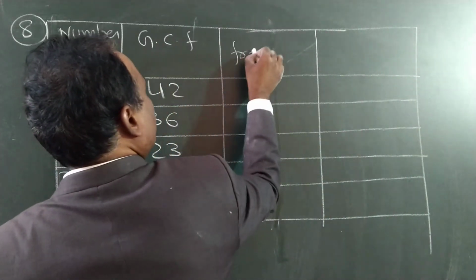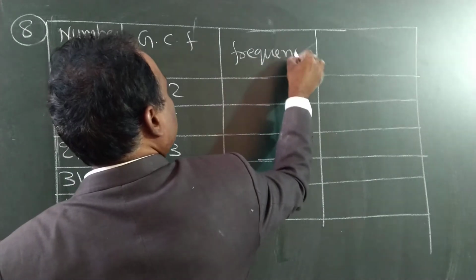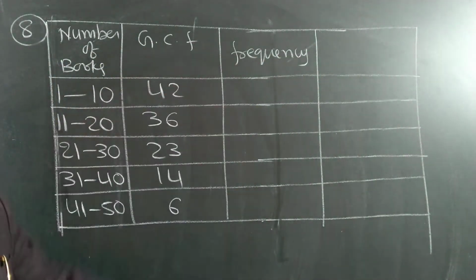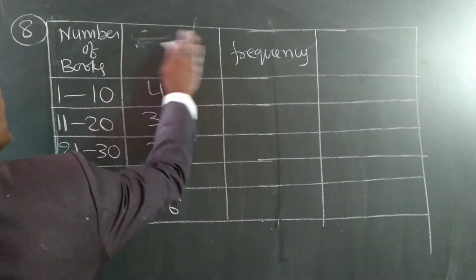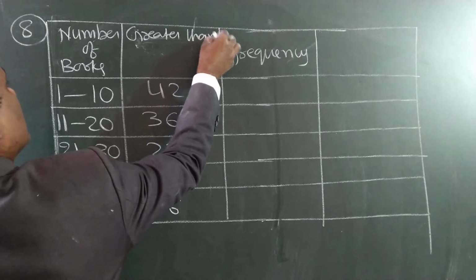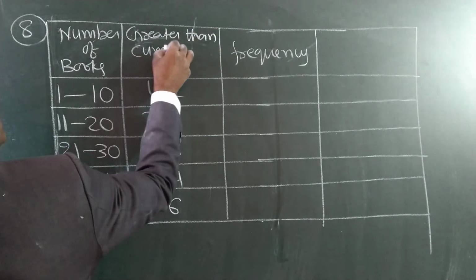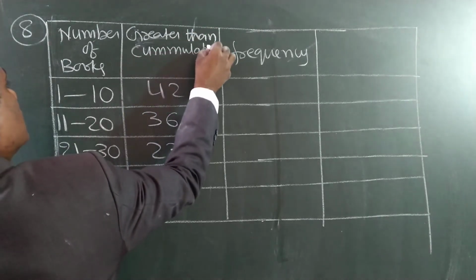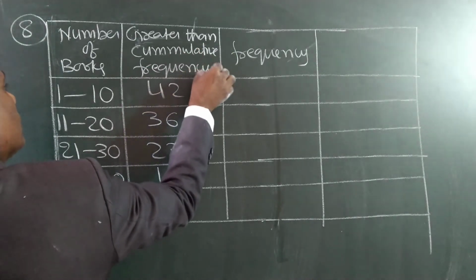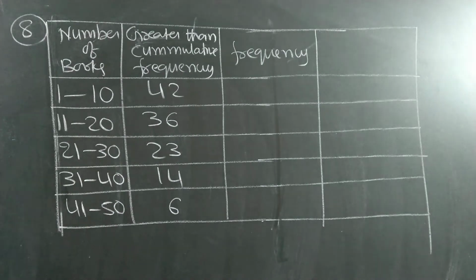So we require the frequencies. Greater than cumulative frequency is given. So how to get the frequencies?